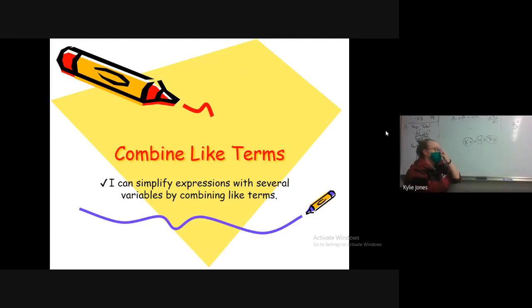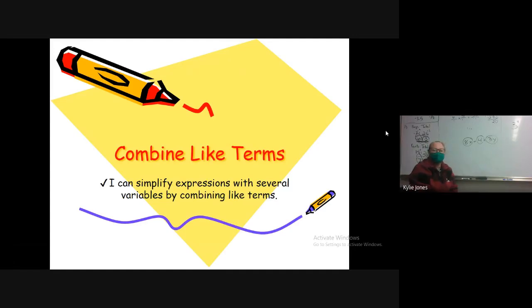So we're going to learn how we can combine these things together to make shorter expressions. That's basically what this week is. When you combine things together and make it shorter, it's called an equivalent expression. So we're going to talk about equivalent expressions as well.